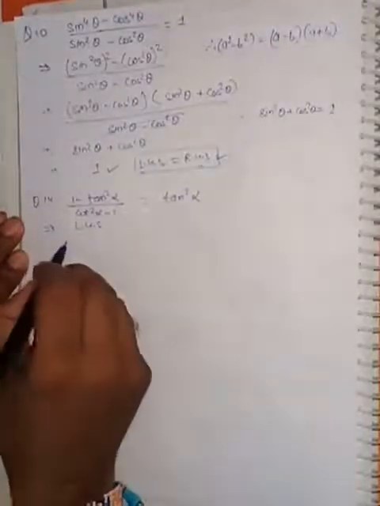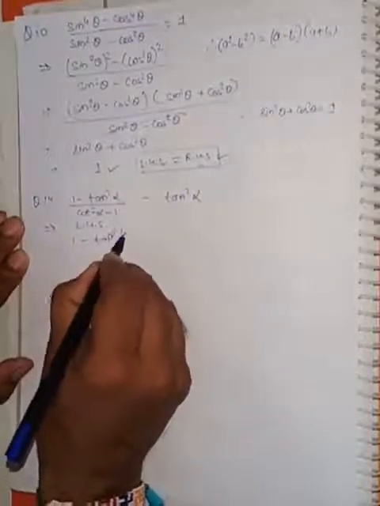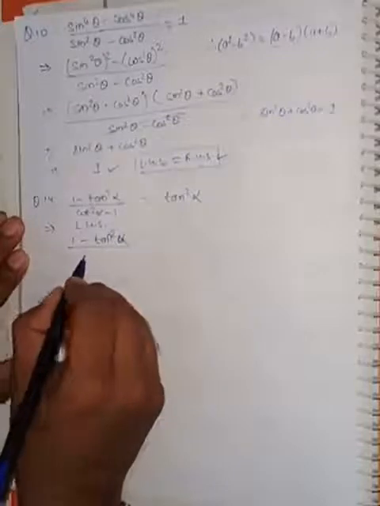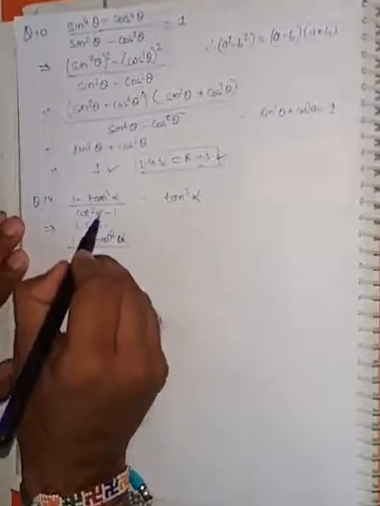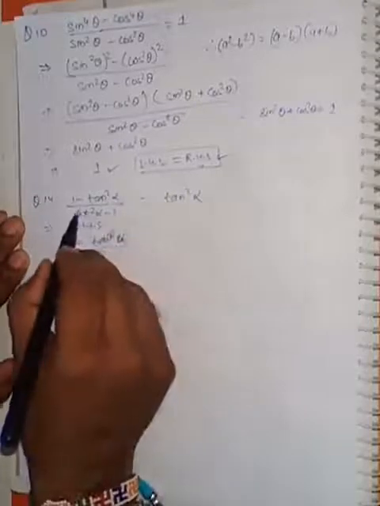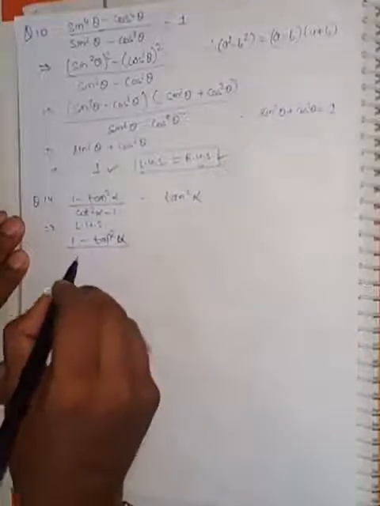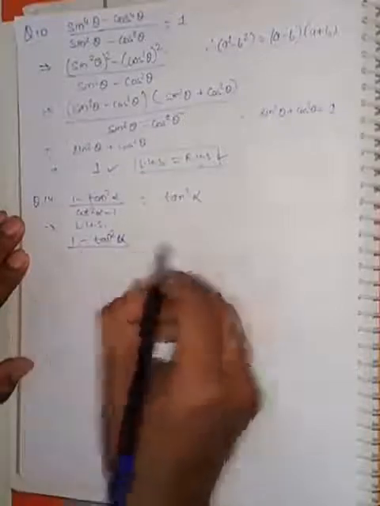Here I am writing tan square alpha divided by cot square alpha minus 1, and we need all the terms in the form of tan square, so I will convert this cot square alpha into tan form.